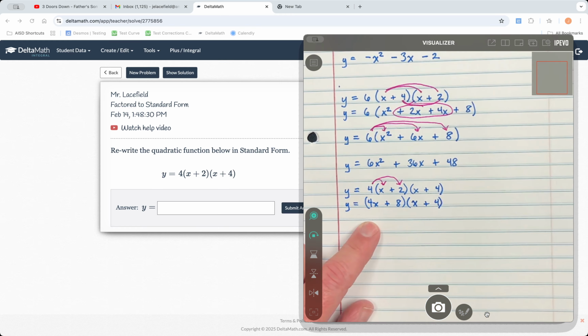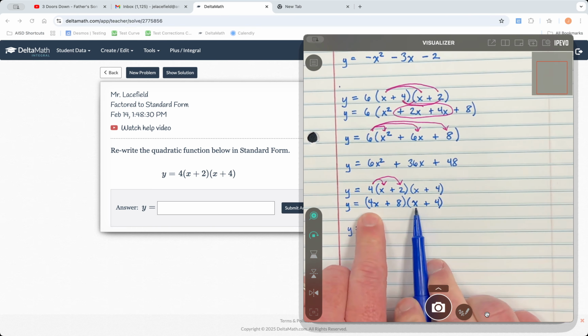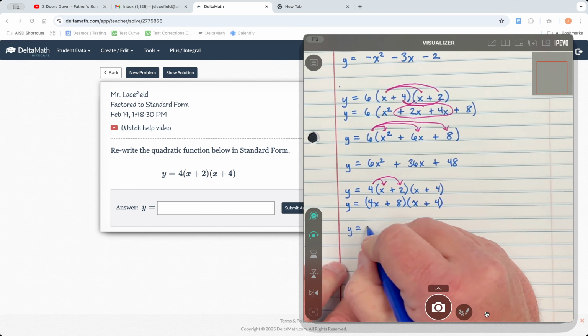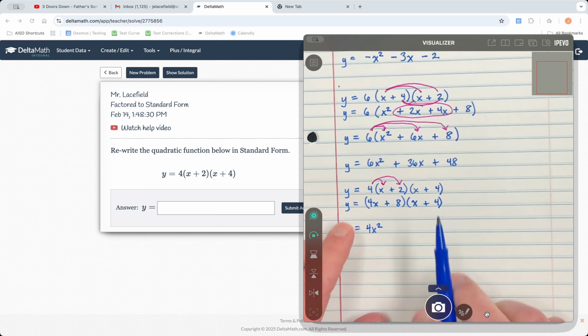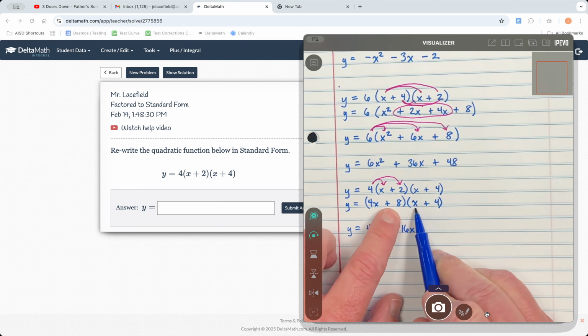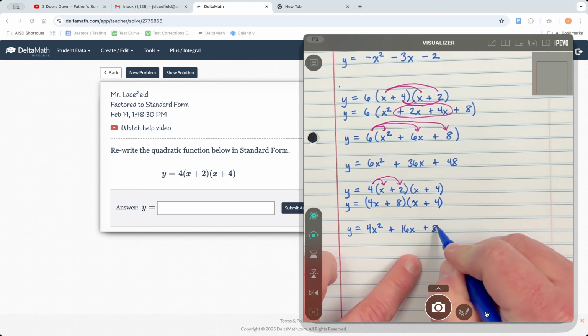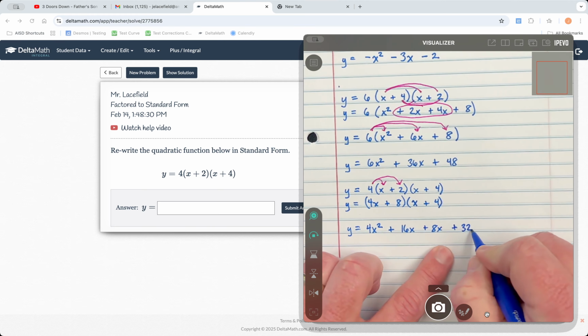And then when we FOIL this out, we're left with y equals, so 4x times x, that's going to be 4x squared. 4x times 4, that's plus 16x. 8 times x, that's plus 8x. And then 8 times 4, that is 32.